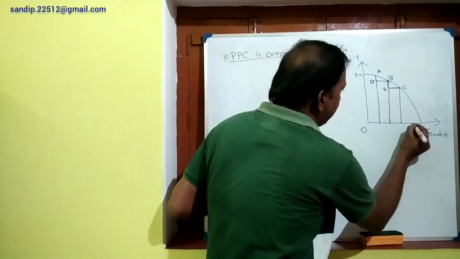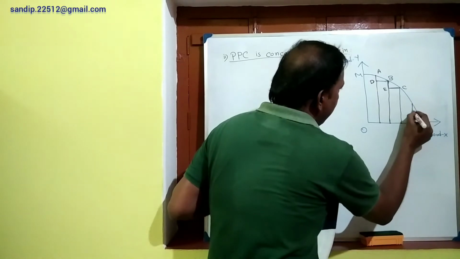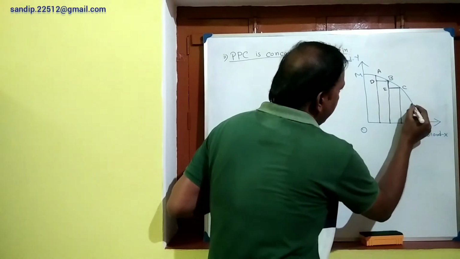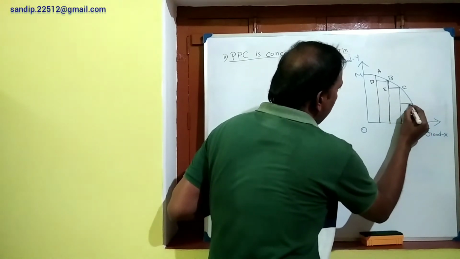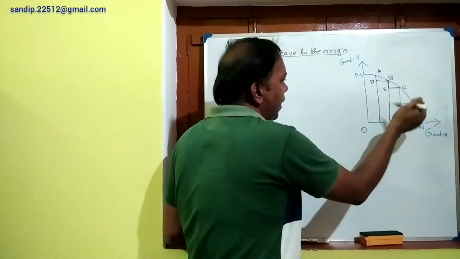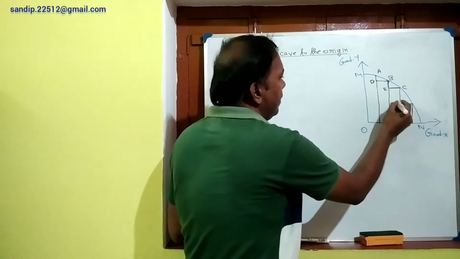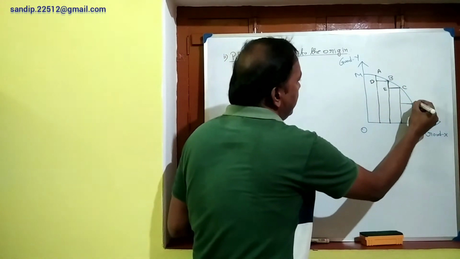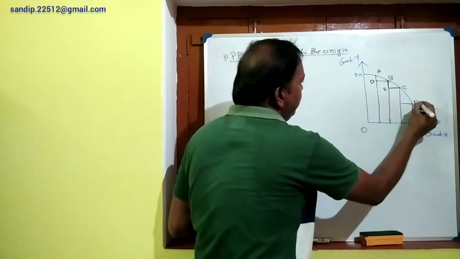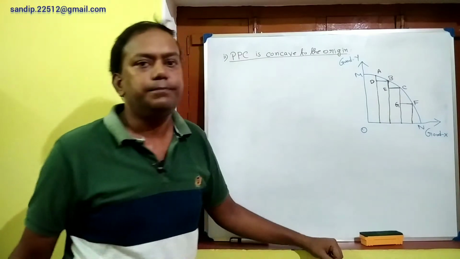Let me take another point here, suppose this one. Then again, for 1 unit of extra production of this much amount of good X, the amount of sacrifice of good Y is this much. Suppose I name it F, and the point name is G. Okay.